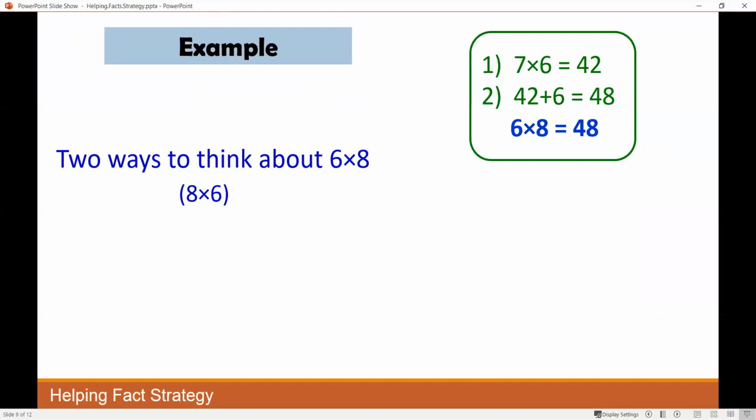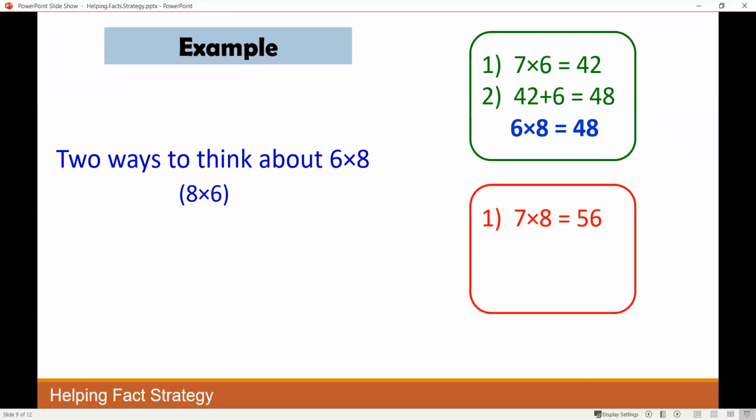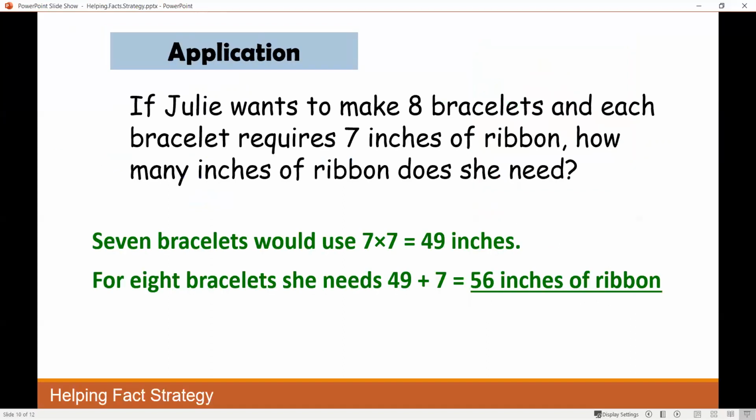Therefore, 6 copies of 8 or 8 copies of 6 is 48. Coming at it from above, 7 times 8 is 7 copies of 8, which is 56, but that's one too many 8s. So I'm going to subtract an 8. 56 minus 8 is 48. Therefore, 6 times 8 is 48.